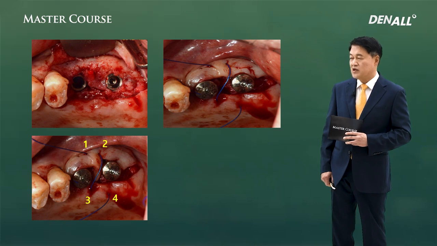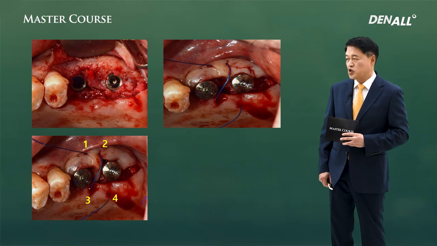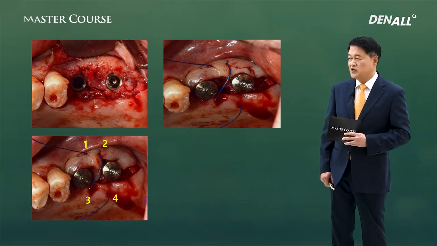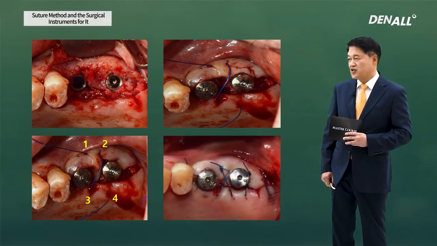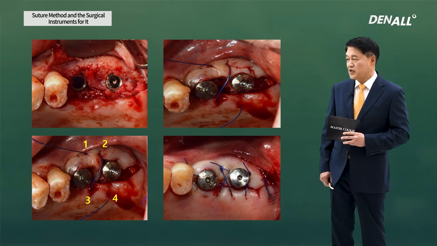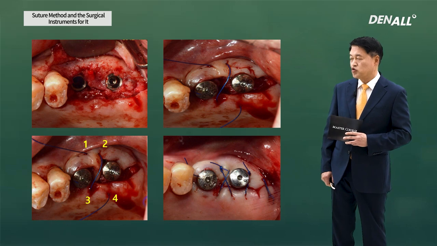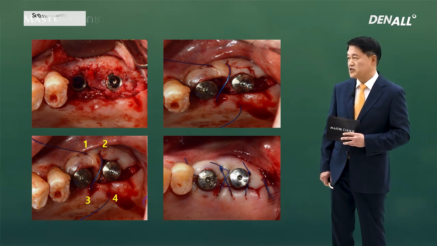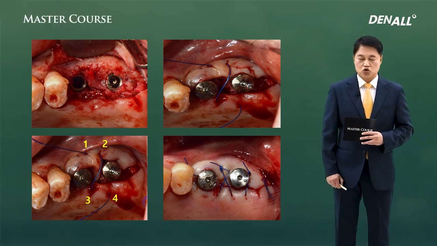So you perform the crisscross suture. So medial buccal, distal buccal, and medial palatal, and distal palatal, it goes out, and there's an X shape, and you have the palatal flap that is now pressed and in position. And this was done through the crisscross technique.